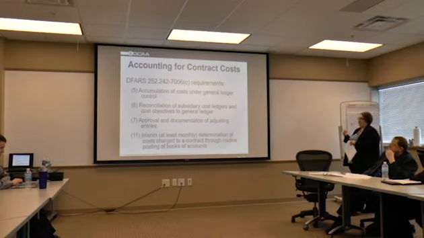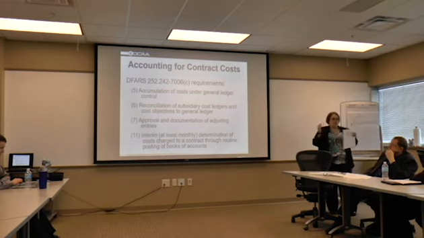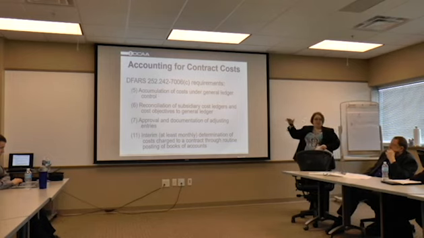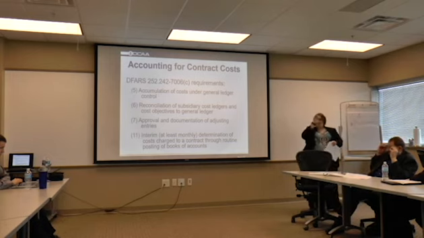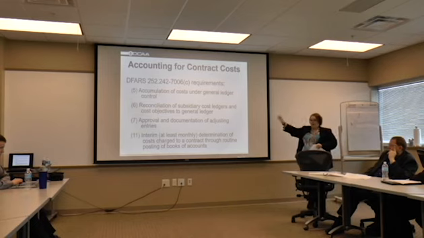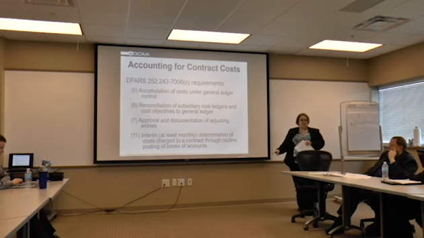Let's say you have a labor account in your general ledger, but you might have an Excel spreadsheet that breaks down all your labor. If that general ledger account says $100,000, that Excel spreadsheet should reconcile, so that should be $100,000 also.